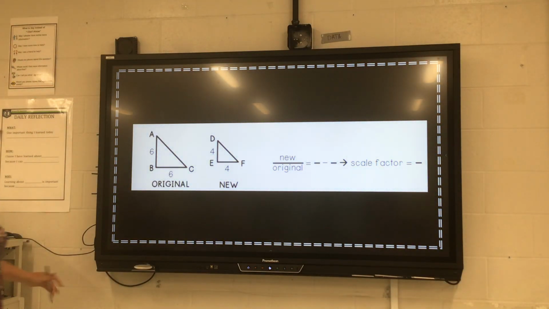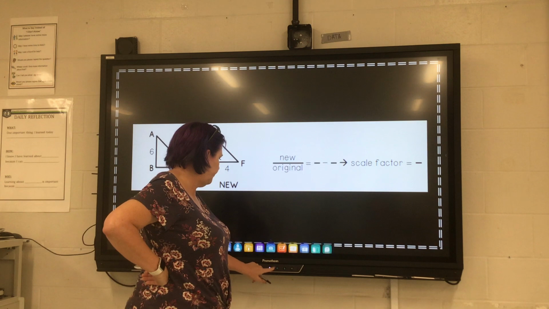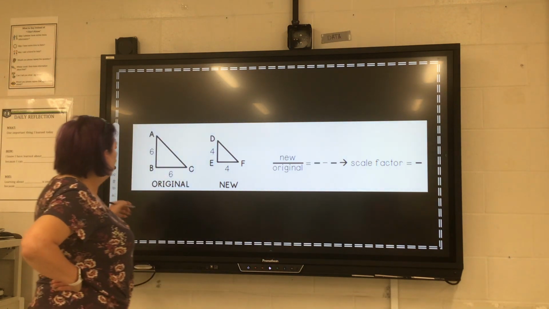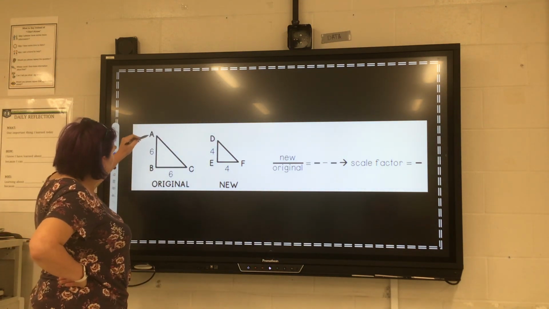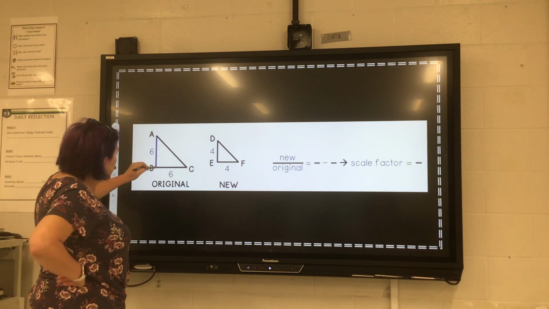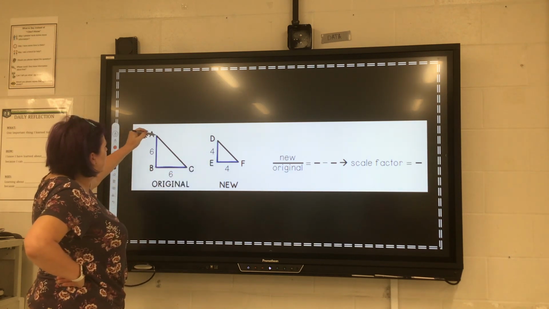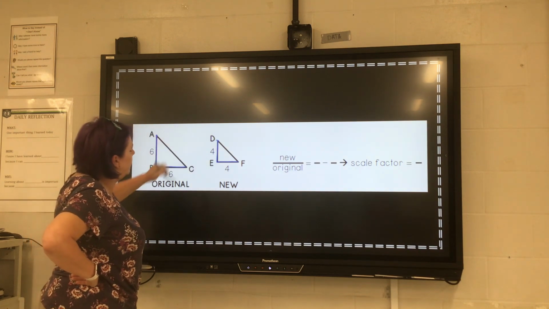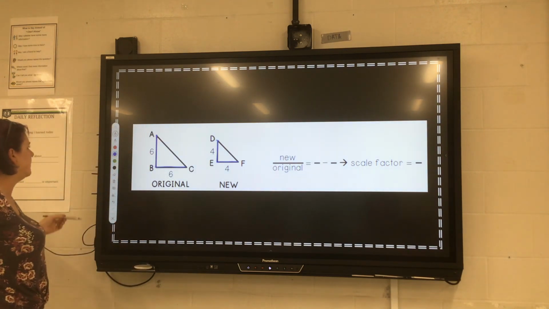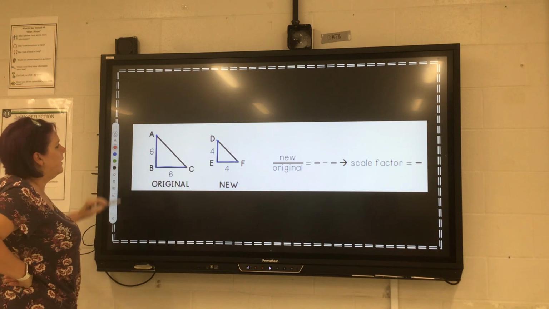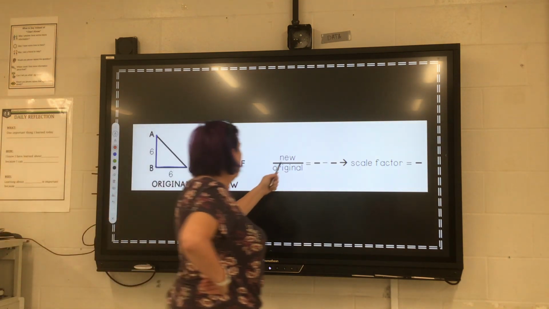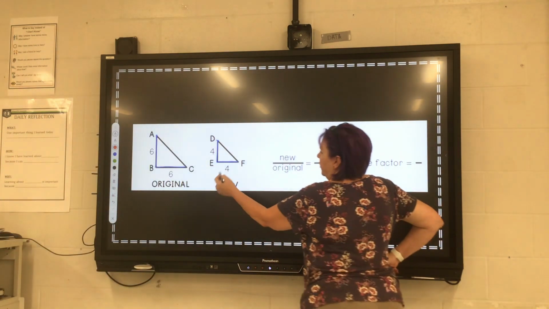Here's our first example. Okay. In this example, you can see where it says A, B, C, D, E, F. So you're going to start here when you're labeling, in the same spot both places. Okay. To find out our scale factor, we're going to look at our new, which is this one.